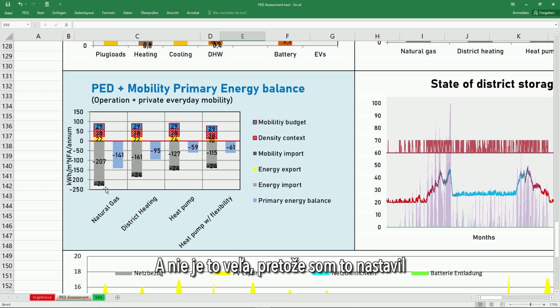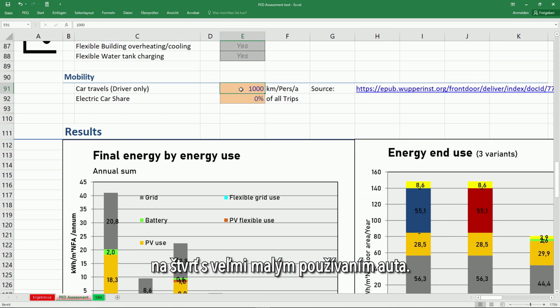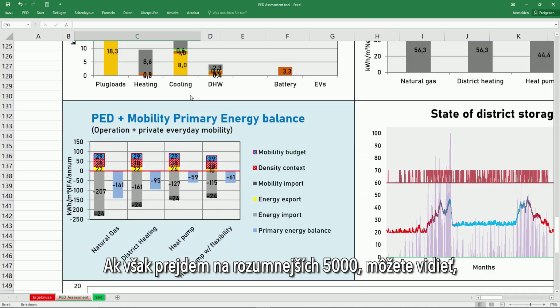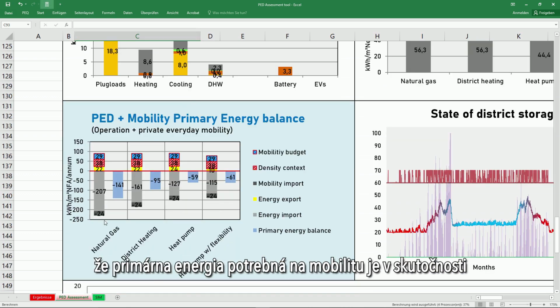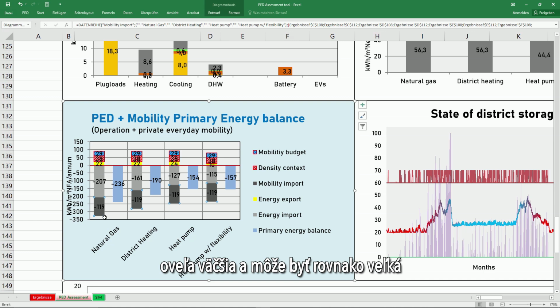It's not a whole lot because I set this to a very low car travel district, but if I go to a more reasonable 5,000, you can see that the primary energy required for the mobility is much larger and can be as large as the energy required for the building operation. So this is why it's important to keep this into consideration and also think about mobility measures.